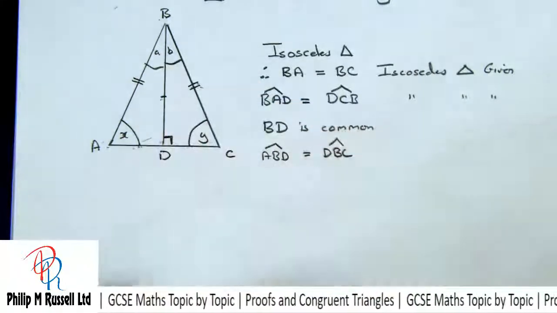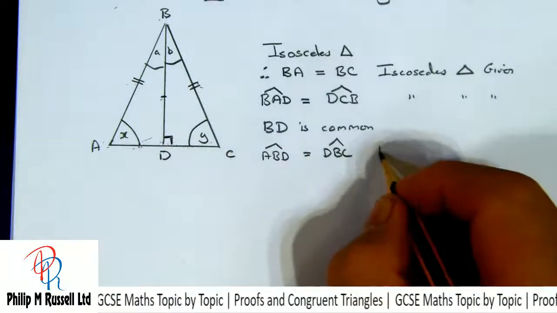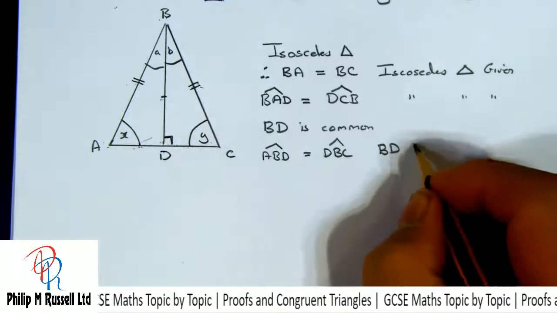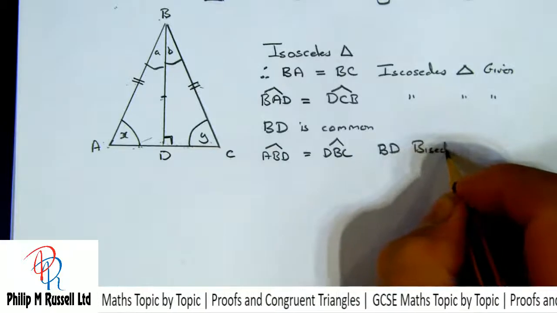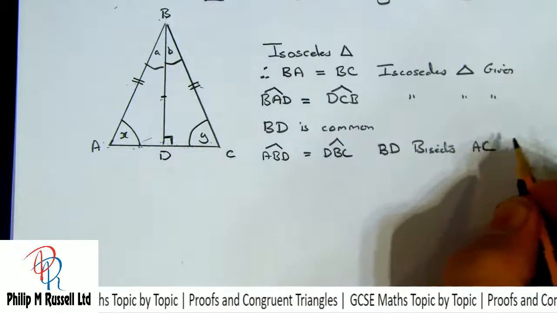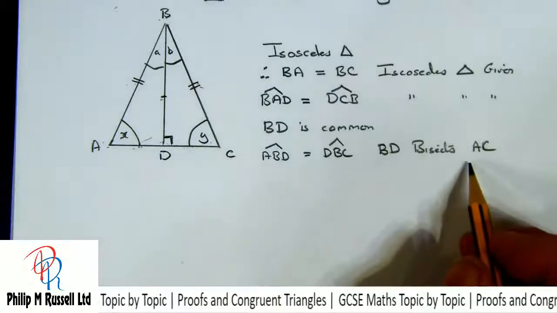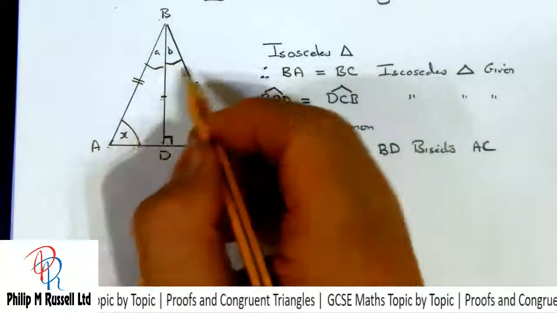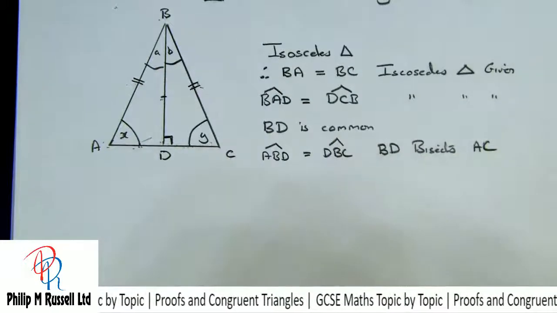And that is because we're told perhaps that BD bisects AC. And if that's equal, then these two angles must be equal.